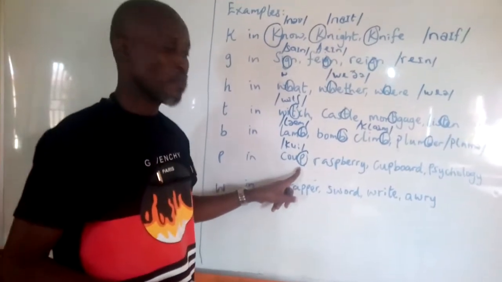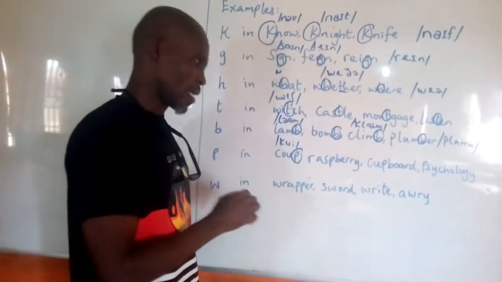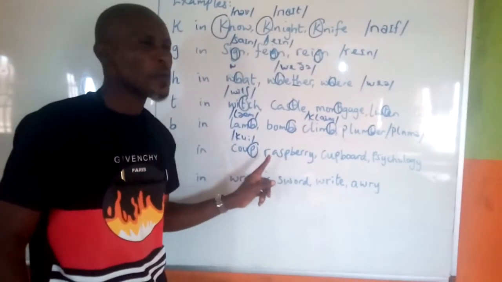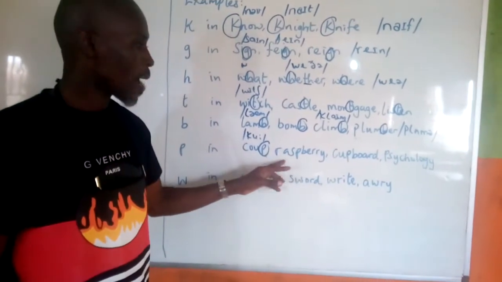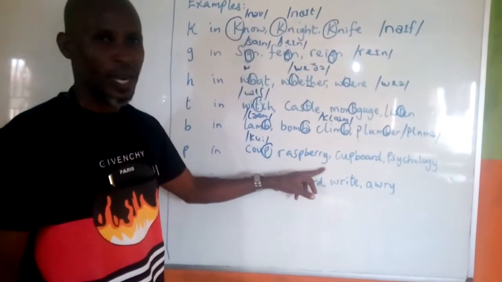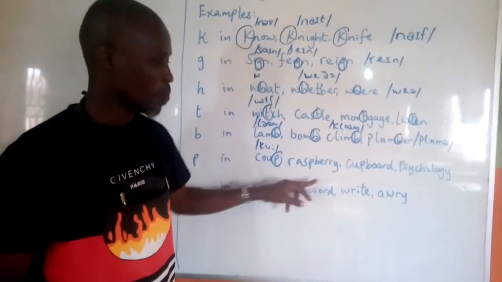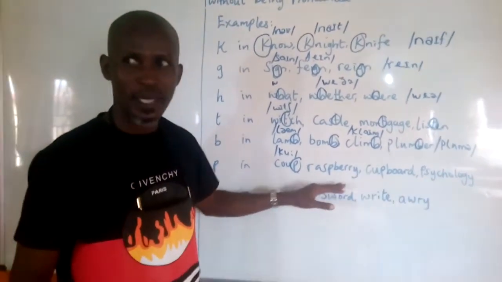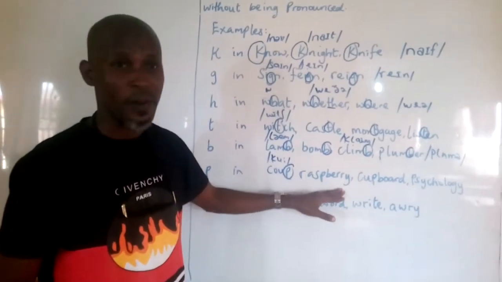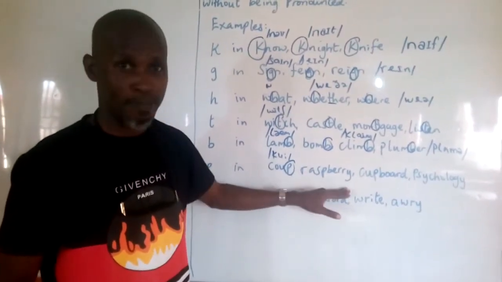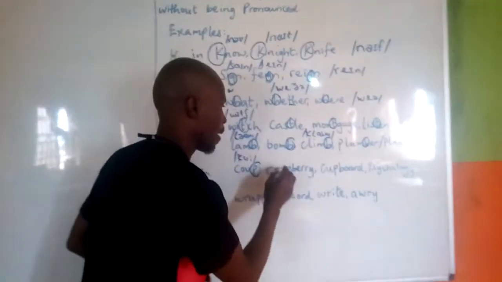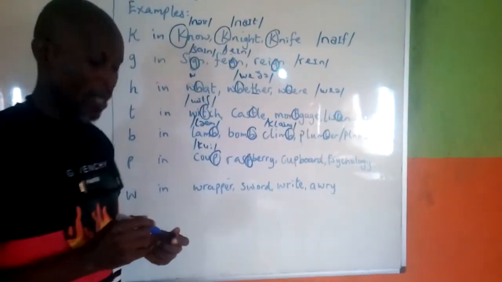The letter P is silent. Now let's look at another one. This is "raspberry". Most people pronounce the P in "raspberry", but it is not pronounced. The letter P is silent. It's a silent letter.